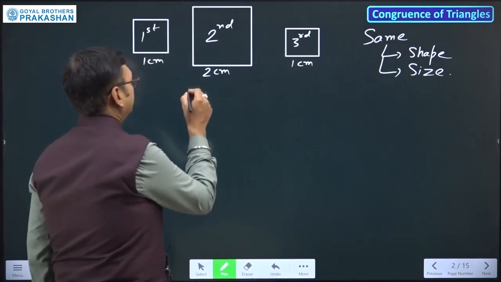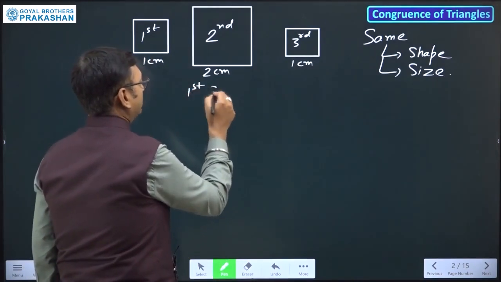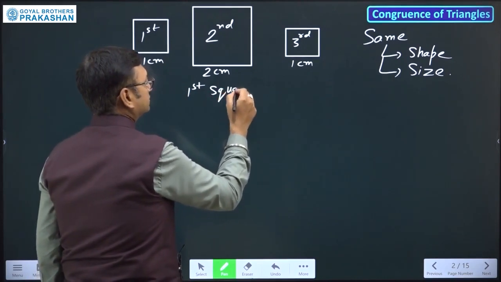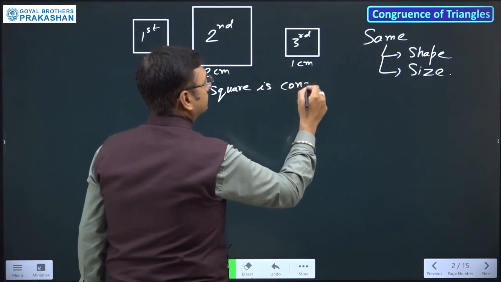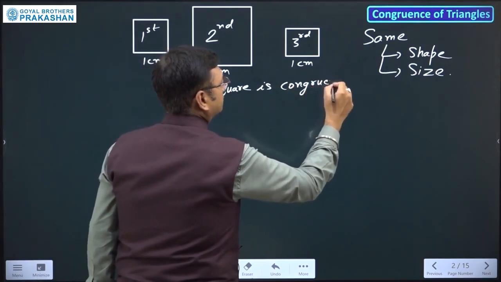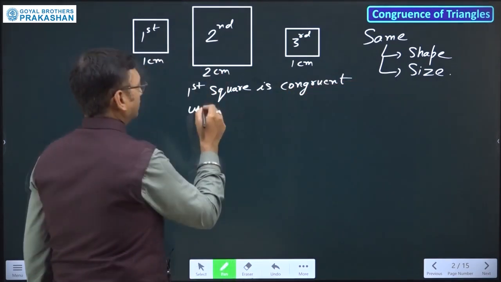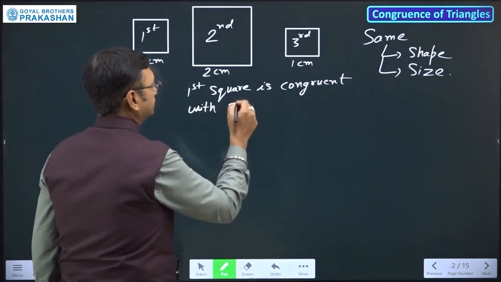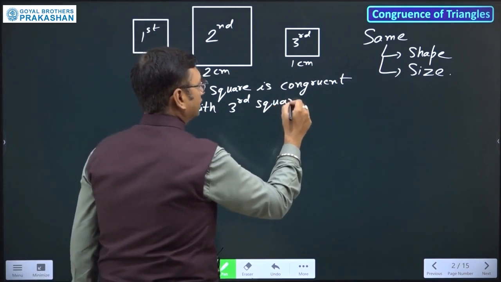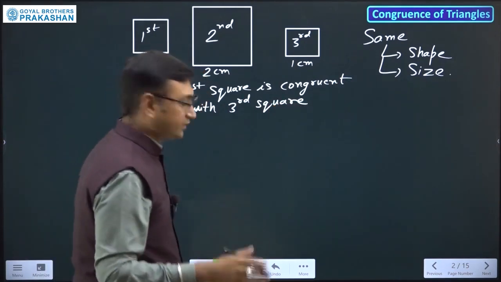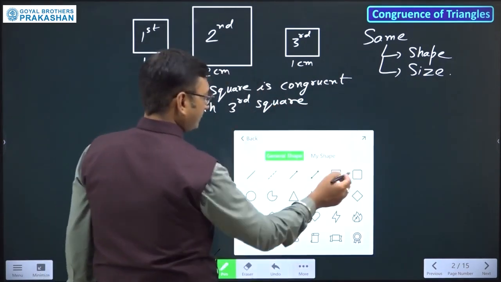So we can say the first square is congruent with the third square, isn't it?